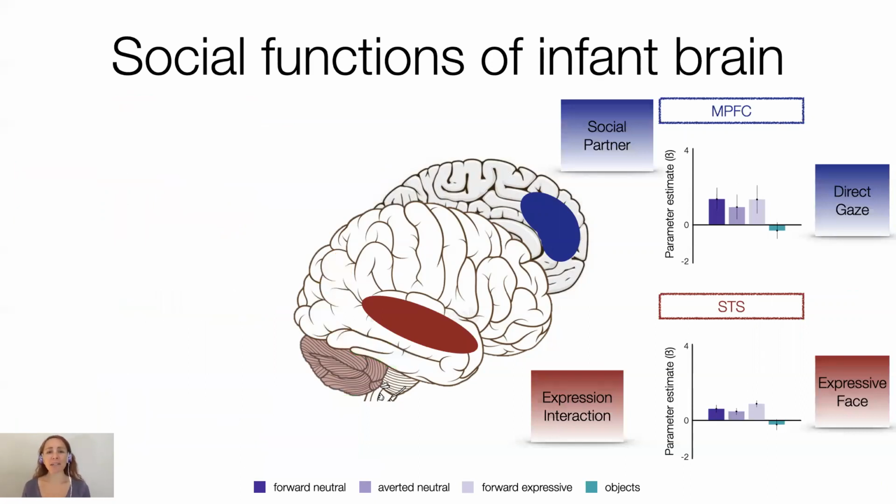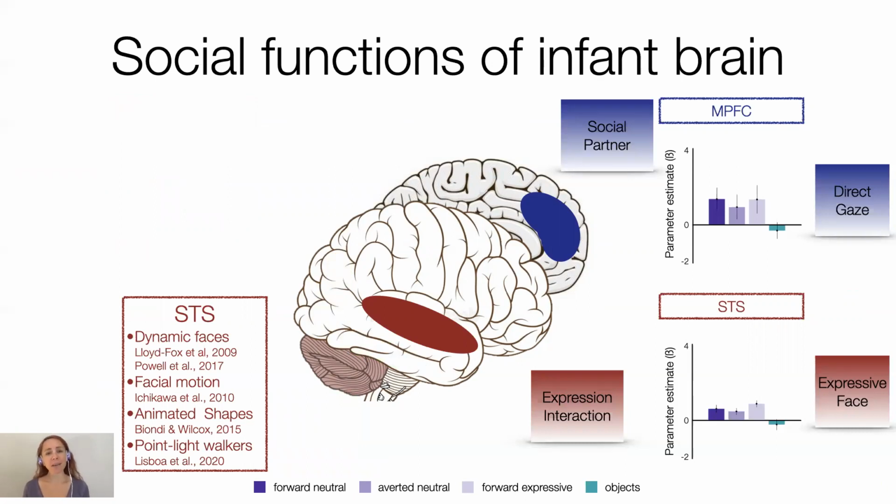Research using fNIRS with infants supports this high-level reverse inference. Using fNIRS, researchers have found that infant STS responds to dynamic faces, point light displays of face and biological motion, and shapes that appear animate.